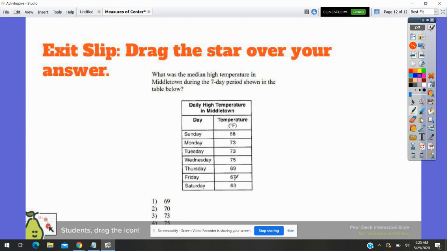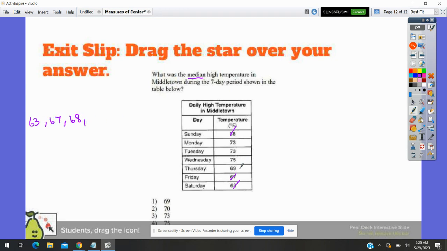I know the star was kind of big, but the majority of you got the correct answer. You just had to put all the numbers in order before you find the median, okay? So for example, you're gonna go in order. The lowest number is 63. Then the next highest number is 67, then 68.